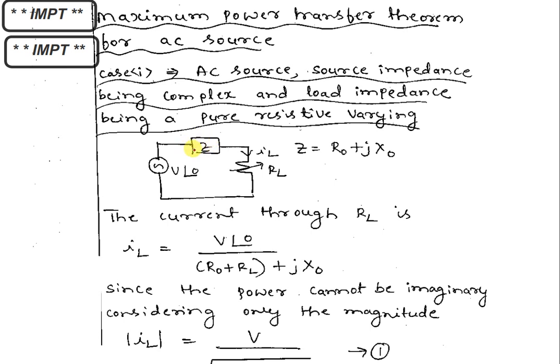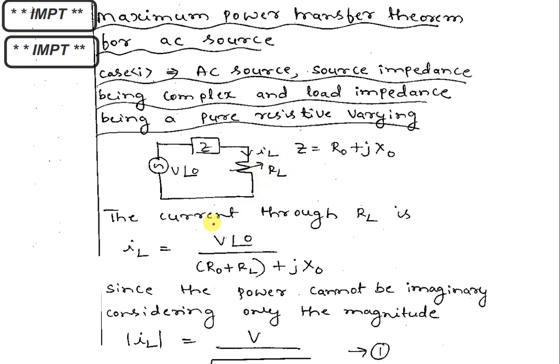The source impedance is R naught plus jX naught, and the AC voltage source value is V at an angle 0. The load is a pure resistance, and it is a variable. You have to find out for what value of RL maximum power will be transferred to the load resistance.